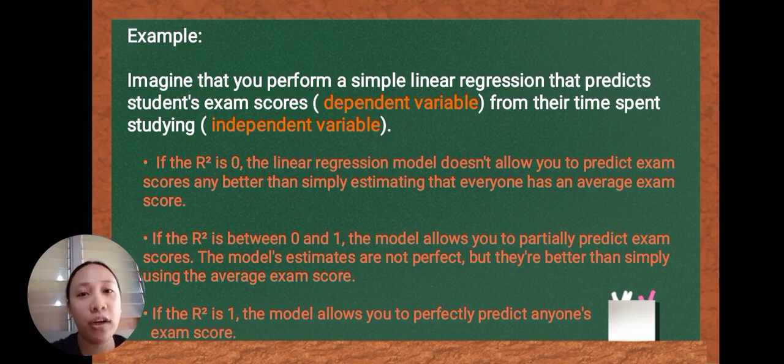If the R-squared is between 0 and 1, the model allows you to partially predict exam scores. The model's estimates are not perfect, but they are better than simply using the average exam score. If the R-squared is 1, the model allows you to perfectly predict anyone's exam score.